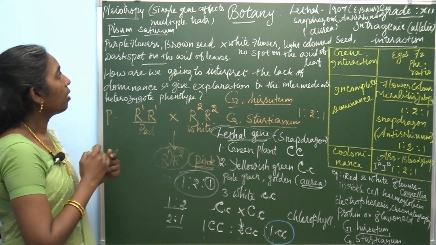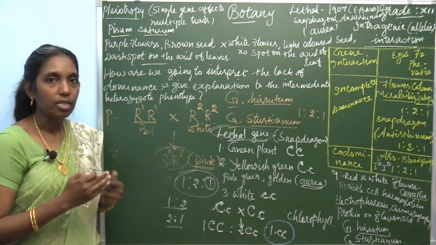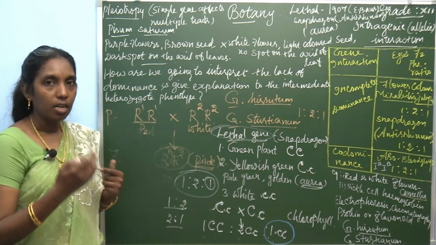Here there is an example, when Mendel noticed it while conducting experiments in pea plants, garden pea, that is Pisum sativum. He observed this pleiotropy in Pisum sativum. So, what is pleiotropy? A single gene affects multiple traits.